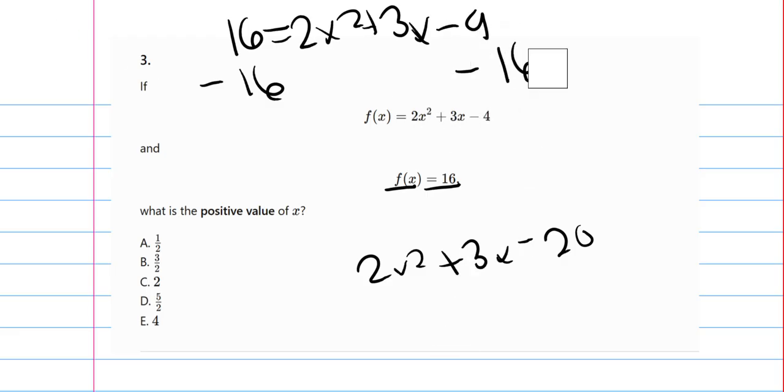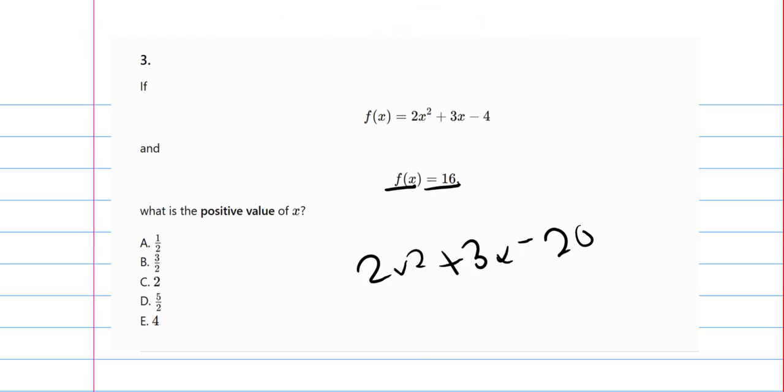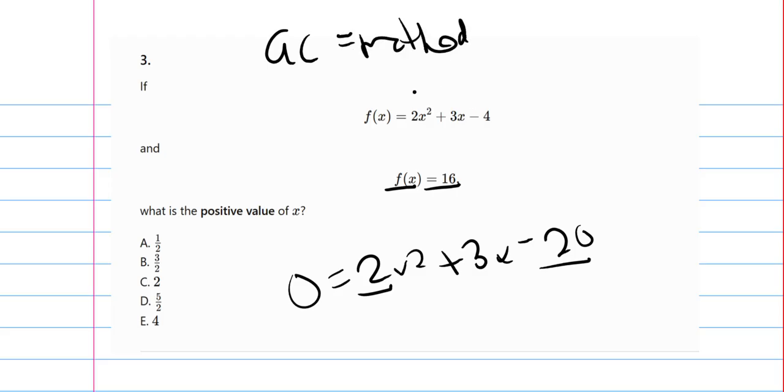Let me add 0 so it's more complete. We're going to multiply a and c. That's why it's called the AC method. So 2 times negative 20 is equal to negative 40.